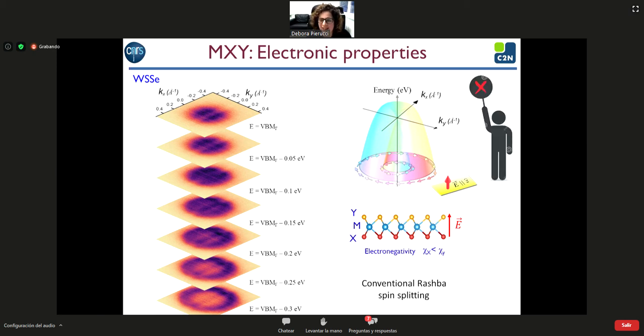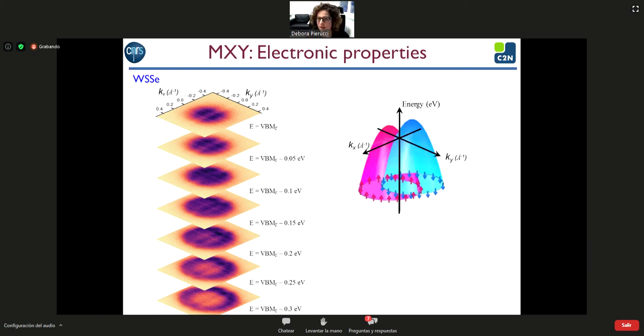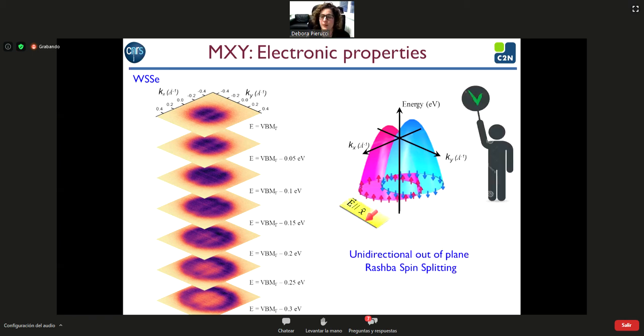In our case, clearly we see two paraboloids that are shifted in the y direction, and this behavior can be induced by an electric field oriented along the in-plane direction, in particular parallel to the kx direction. So in our case, we have a unidirectional out-of-plane Rashba splitting. Why out of plane?